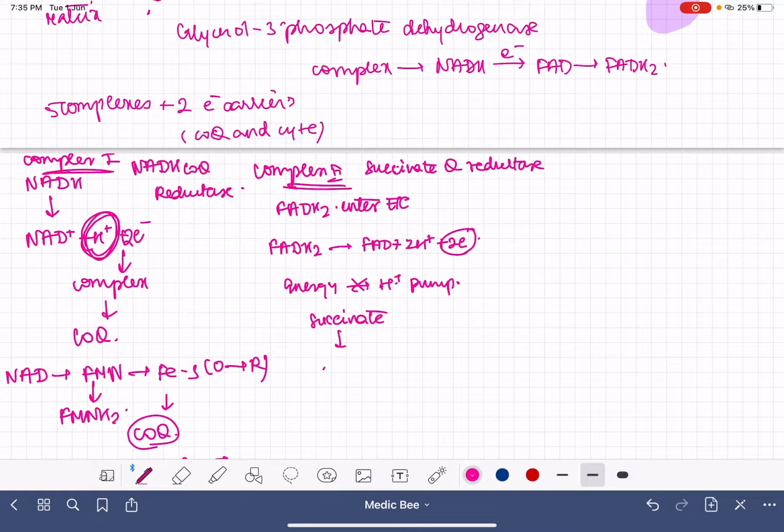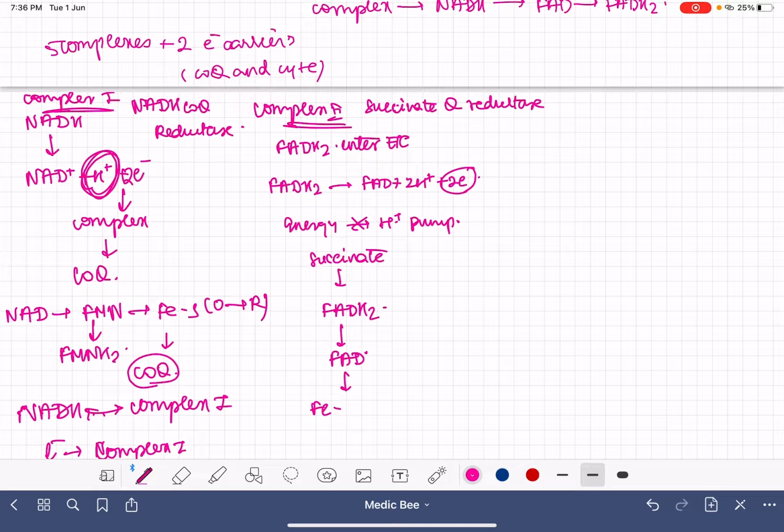Succinate will transfer the electrons to FAD, which becomes FADH2, and these electrons will be passed on to iron sulfur complexes.